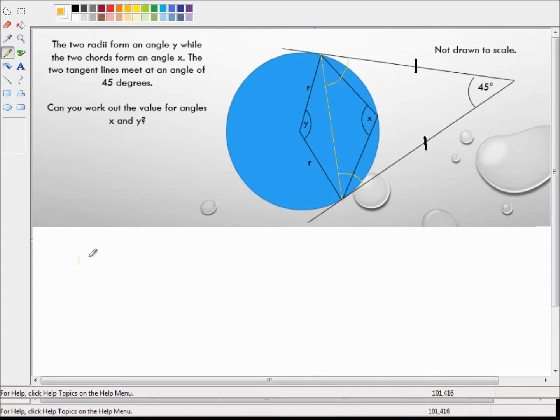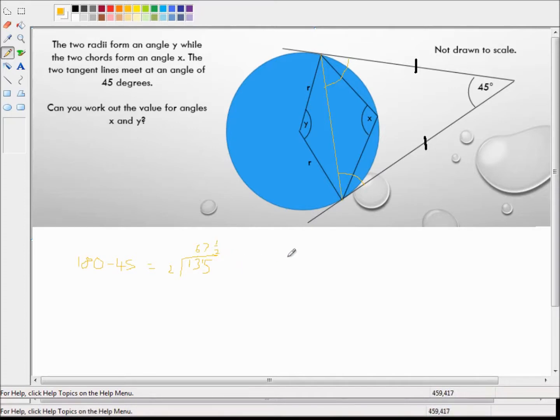So that's 180 minus 45 is equal to 135 degrees, and divided by 2, or 2 goes into 12 6 times, leaving a remainder of 1. 2 goes into 15 7 times, leaving a remainder of 1, because 7 times 2 is 14, so that's 67.5 degrees.